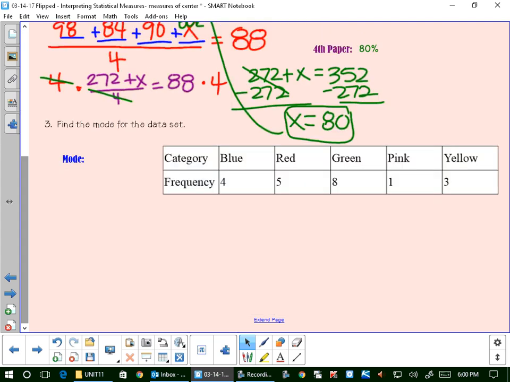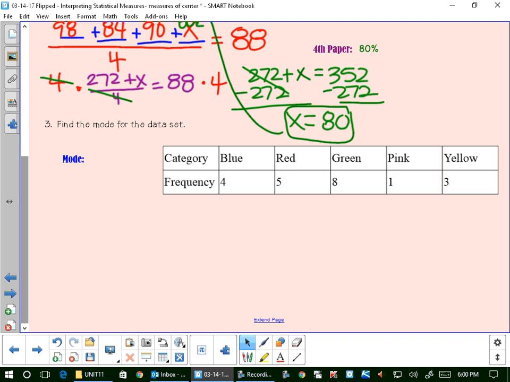Okay, now number 3, find the mode for the data set. So let's say the scenario here is there was a bunch of us in a classroom, and I asked each of y'all what your favorite color is. 4 of you said blue, 5 of you said red, 8 said green, 1 said pink, and 3 said yellow.